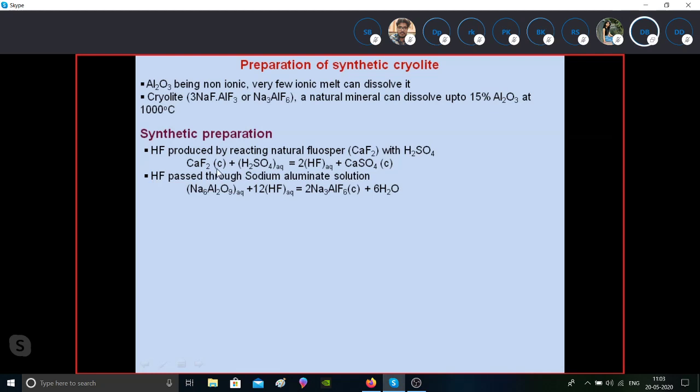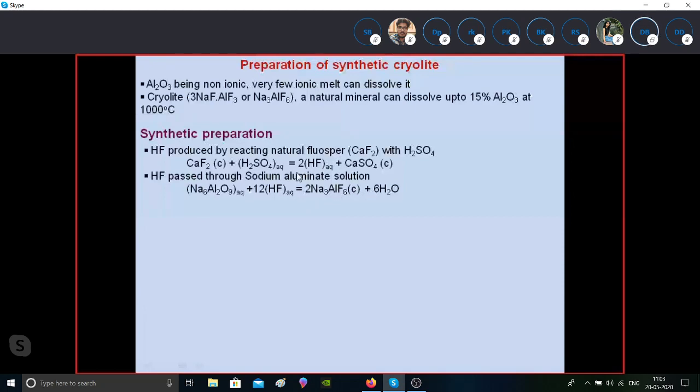This is a condensed phase of calcium fluoride, and sulfuric acid gives me calcium sulfate in the form of condensed phase and hydrogen fluoride in aqueous phase. This hydrogen fluoride is passed through sodium aluminate solution to ultimately give me the cryolite.